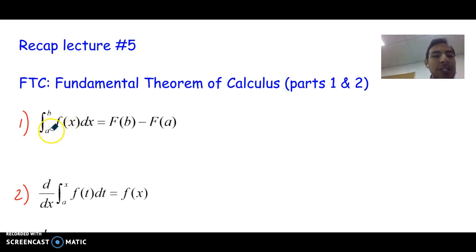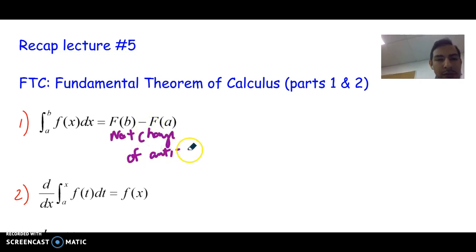Now, what the first one says is that if I take the integral from a to b of f of x dx, I get the net change of the antiderivative. So this is called the net change of the antiderivative.